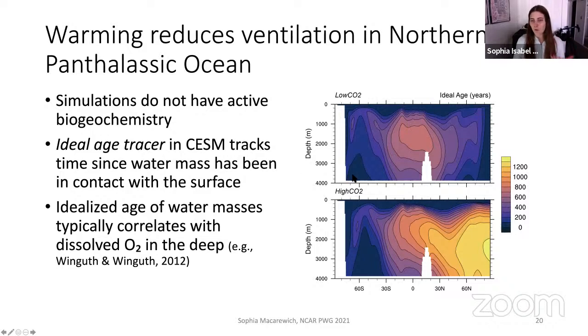This seems to support well-ventilated deep waters in both hemispheres in the low CO2 case, whereas in the high CO2 case, we see very old waters accumulating in the northern hemisphere, suggesting there is poor ventilation in the northern hemisphere. But then again, dissolved oxygen is complicated, and so further simulations with active biogeochemistry should be run.